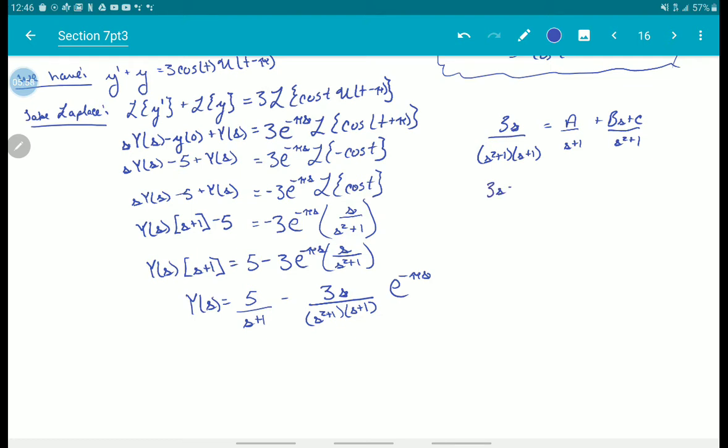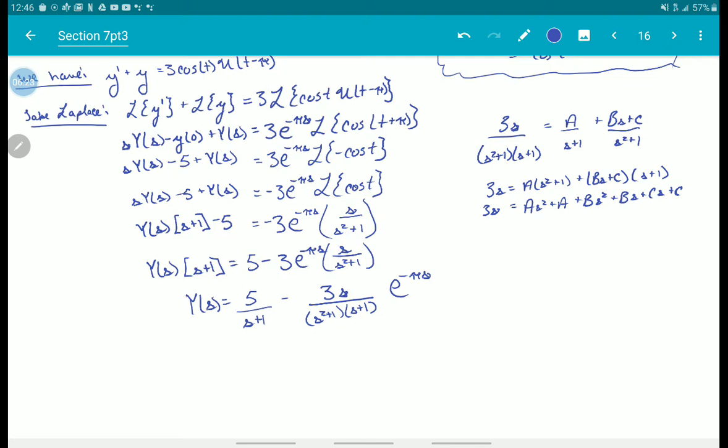So 3s is going to be equal to A times s squared plus 1 plus Bs plus C times s plus 1. So we have As squared plus A plus Bs squared plus Bs plus Cs plus C.